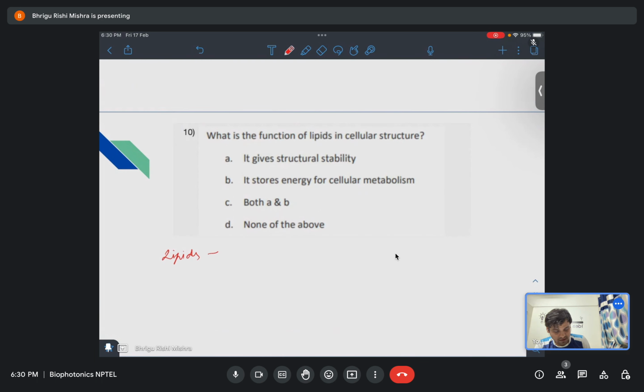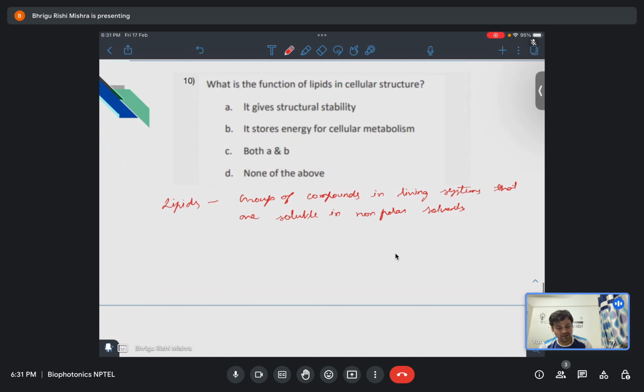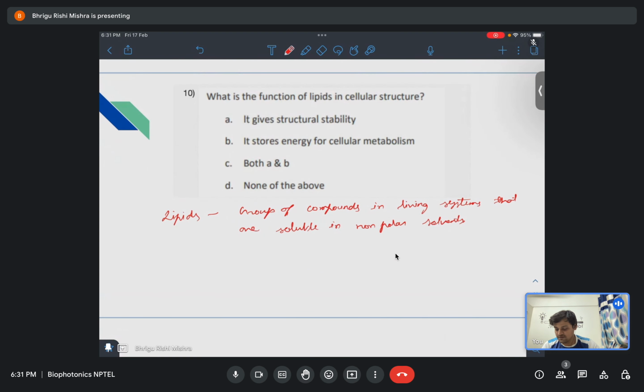Lipids are a group of compounds in living systems that are soluble in non-polar solvents, like hexane, which is a hydrocarbon, C6H14. They are stored in the body as fat and serve as an energy reservoir that is metabolized when needed, and they also give structural stability. So the right answer is both A and B.